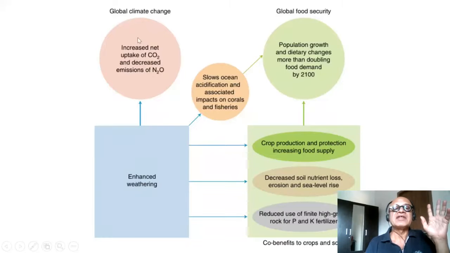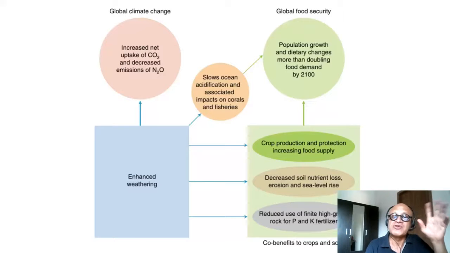The further schematic here says, here is global change, increased net uptake of CO2 and decreased emission of N2O, which is another high global warming potential greenhouse gas, can be accomplished with enhanced weathering. That would slow down ocean acidification and associated impacts on corals and fisheries.